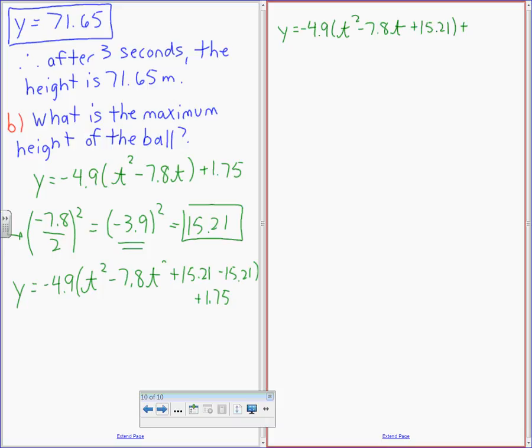Try again, you used plus instead of times. Negative 4.9 times negative 15.21. That's my calculator. What's the answer? 74.5. So you calculated 73.5.